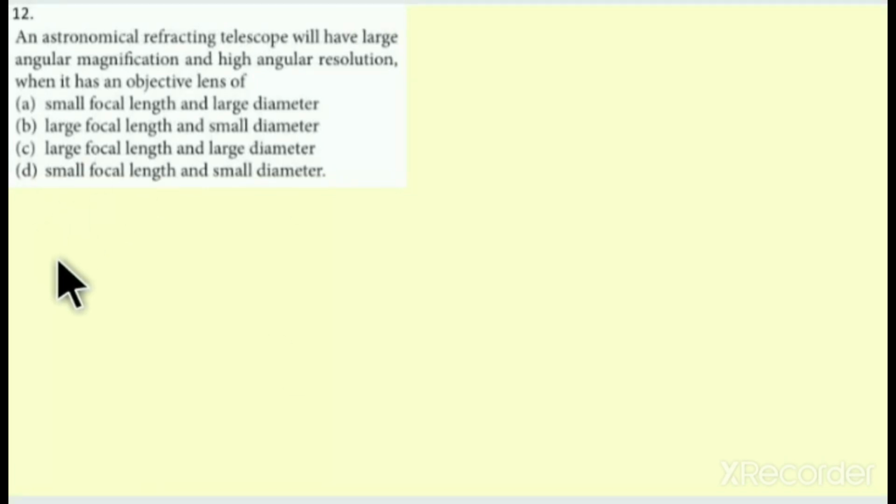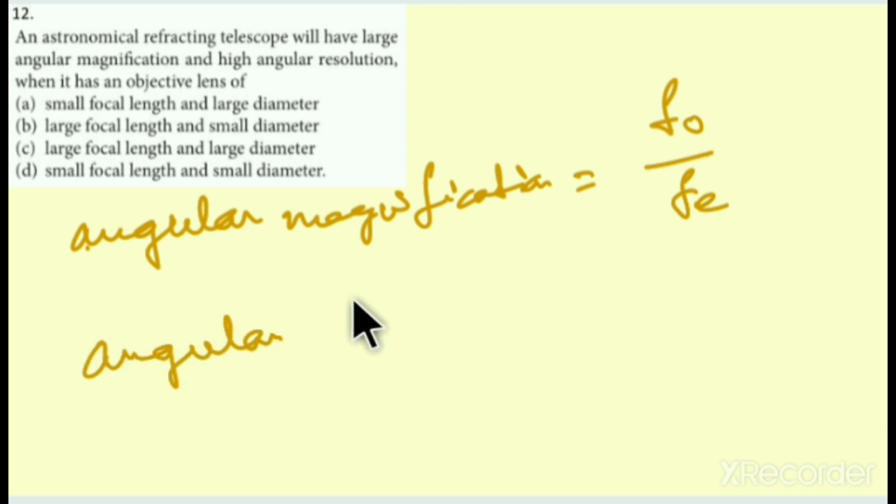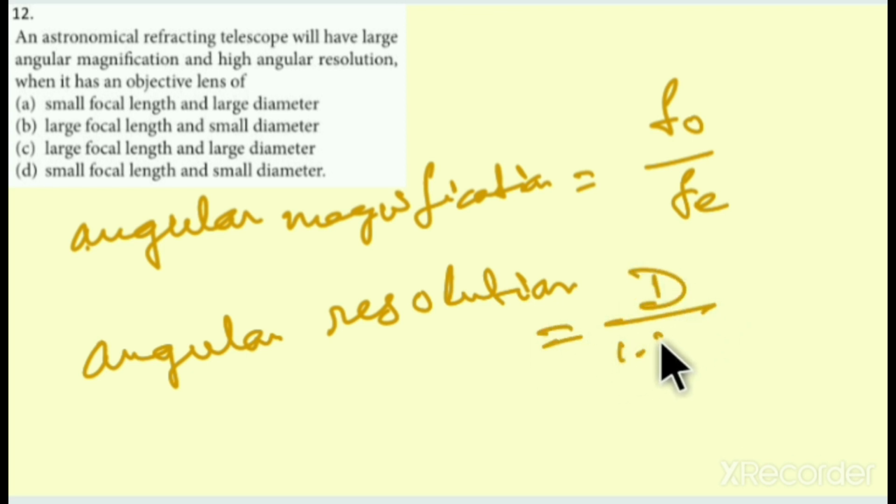So in an astronomical telescope, the angular magnification is f naught by fe, where f naught is the focal length, and the angular resolution is D by 1.22 lambda.